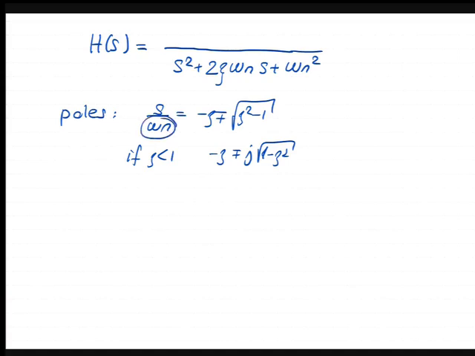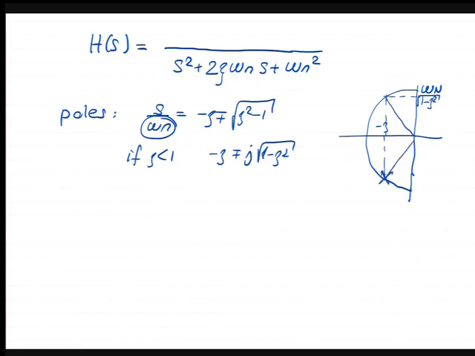But then we have division by omega n, so that means the poles are again on a half circle with radius omega n. Okay? Zeta basically tells you the real part. Negative zeta is the real part. And then the square root of 1 minus zeta squared is the imaginary part. So I have two complex conjugate poles.